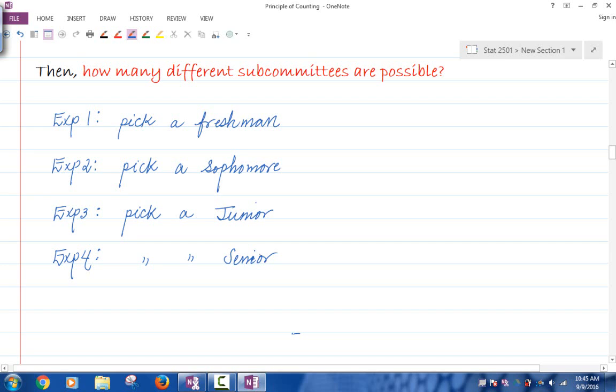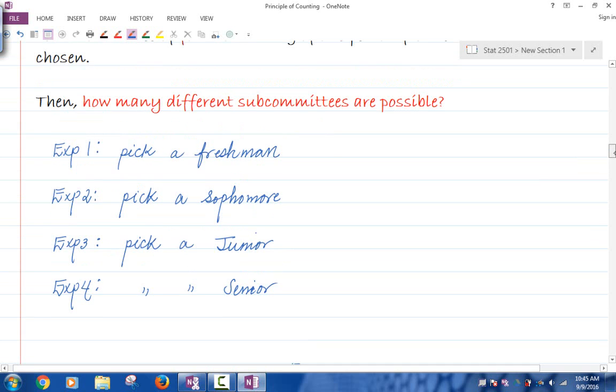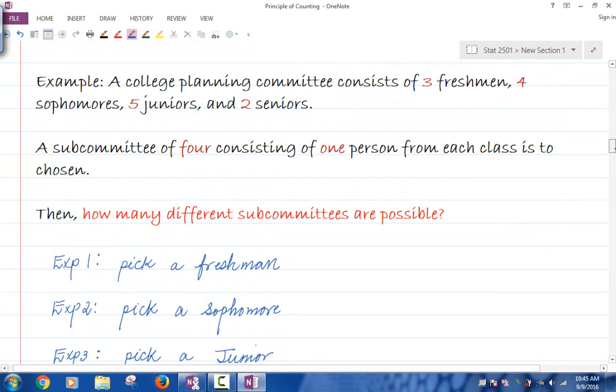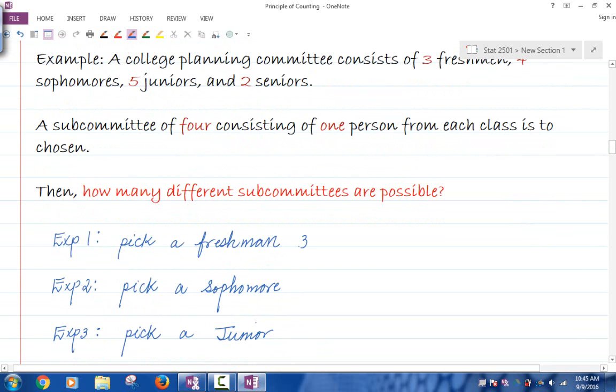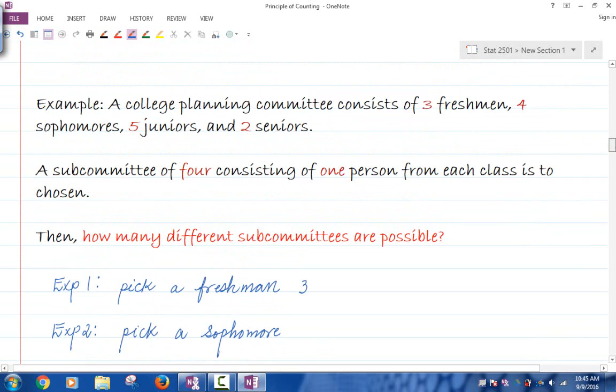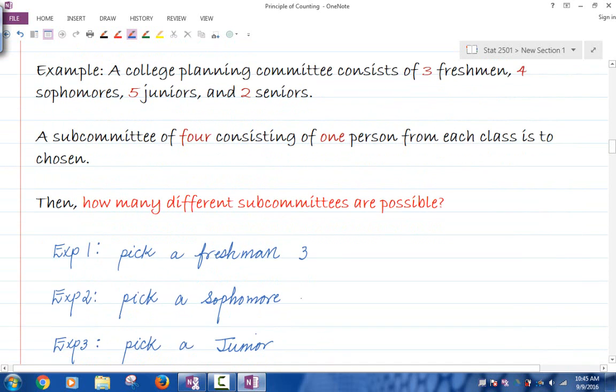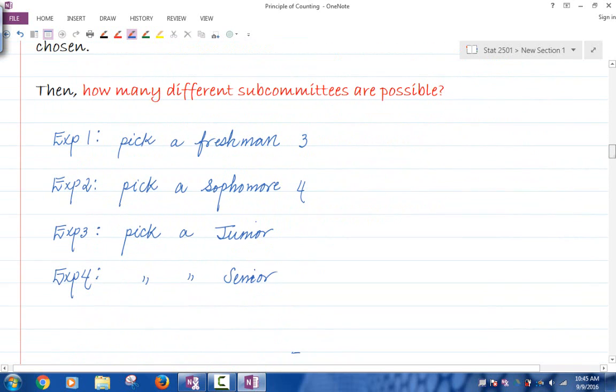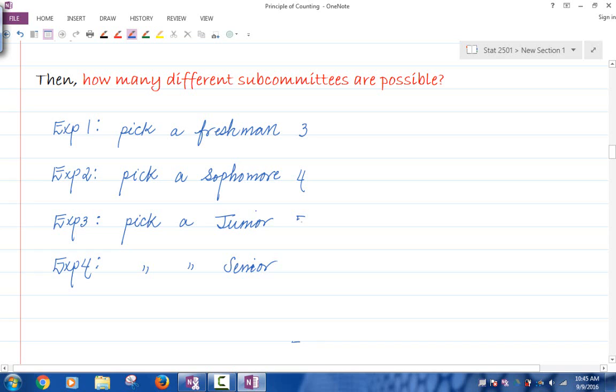Experiment 1 can be done how many ways? Well, there are how many freshmen? There are 3 freshmen, 4 sophomores, 5 juniors, and 2 seniors, right? So experiment 1 has 3 possible outcomes. Experiment 2 has 4 possible outcomes, and so on.